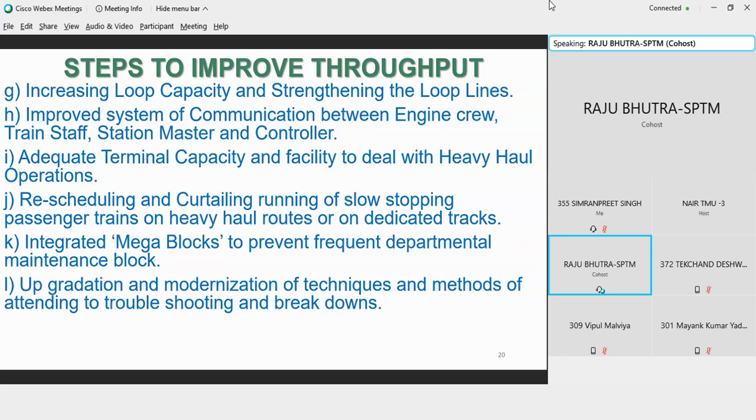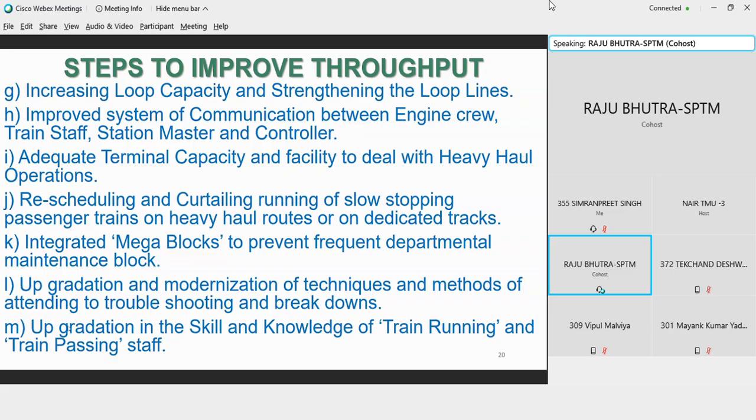So that will increase the efficiency and the throughput. Upgradation in the skill and knowledge of train running and train passing staff. So better knowledge will lead to better efficiency and better throughput.